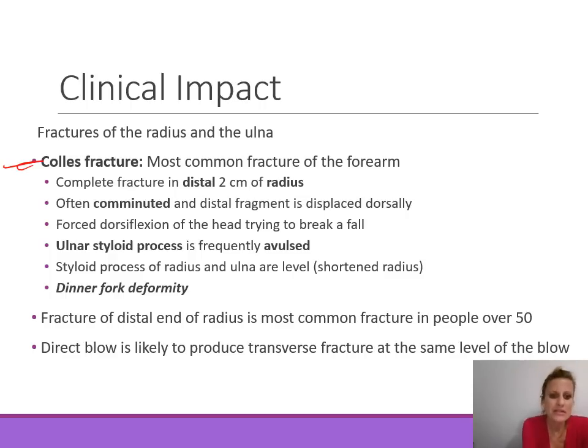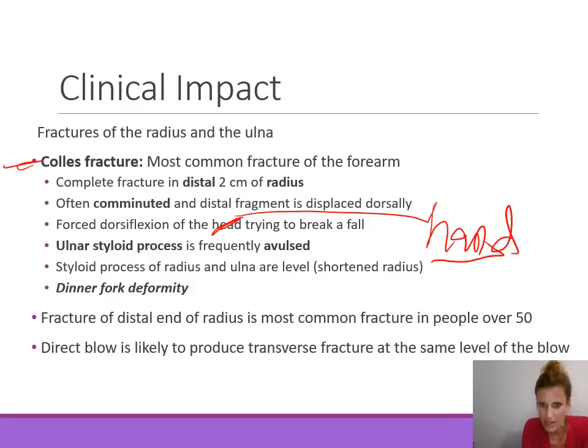This typically happens when, again, you fall and try to break the fall with your hands, try and catch yourself, and there's forced dorsiflexion of the hand as you try to break a fall. So the hand is dorsiflexed as you fall, and that puts pressure on the radius, which is on the thumb side of the forearm.